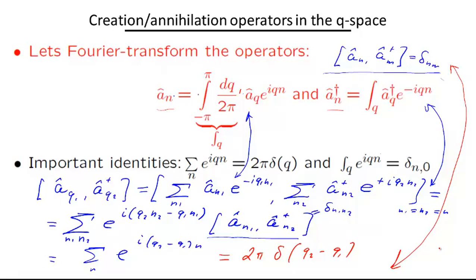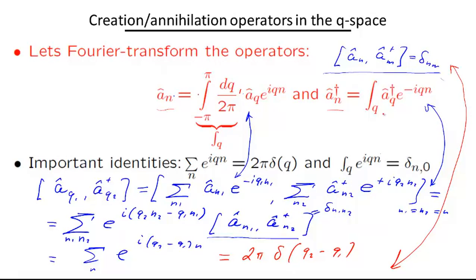But what do these creation and annihilation operators create or destroy? Unlike A sub n and A sub n dagger, which create local oscillations of a particular oscillator somewhere at a well-defined position in space, these A sub q and A sub q dagger annihilate and create waves, if you want, propagating through the oscillator chain.